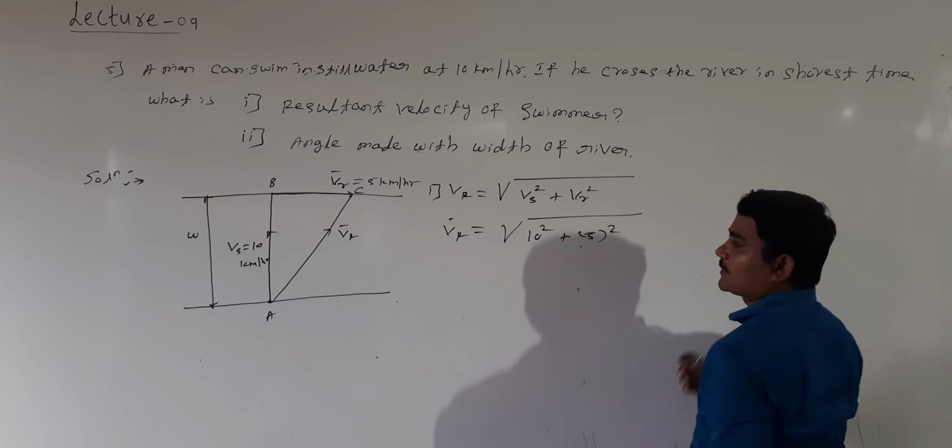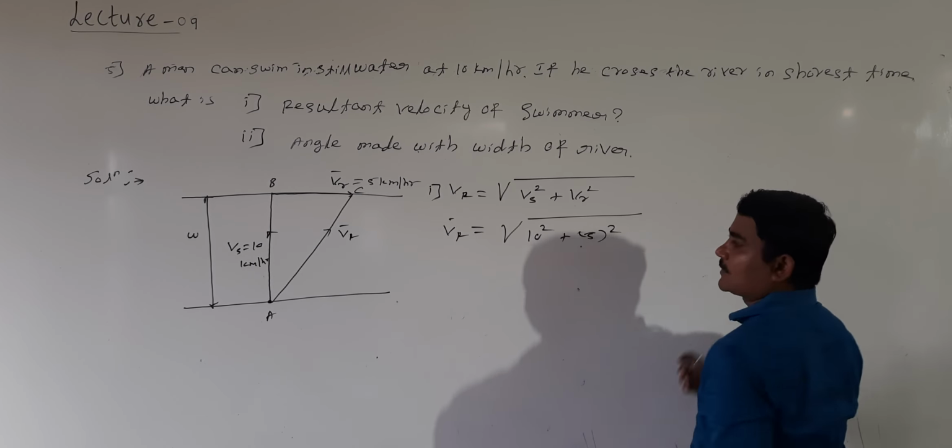Under root of 125 can be written as 5 root 5 kilometer per hour. In this manner I can write the resultant velocity in this direction, which is the resultant velocity of the swimmer.